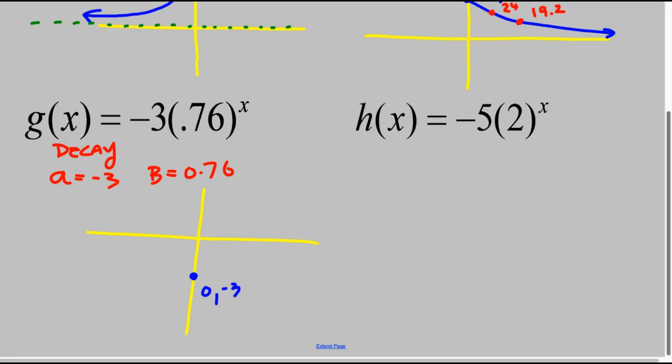If I am traveling in the positive x direction and I make x 1, what is g of x when x is 1? Well, that's negative 3 times 0.76 to the 1. So what is 76% of negative 3?